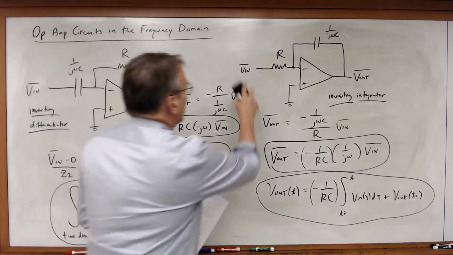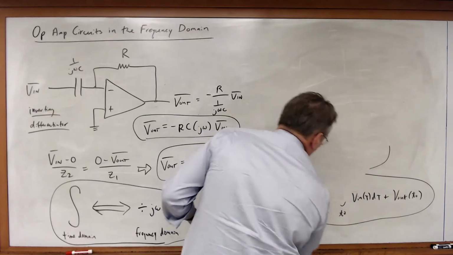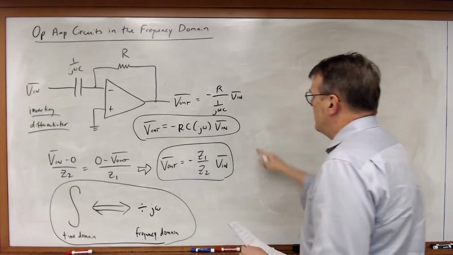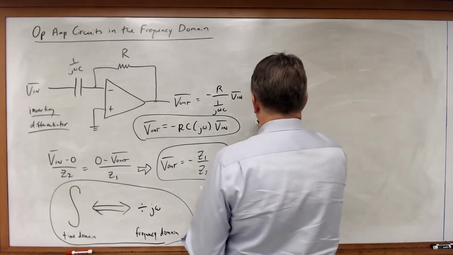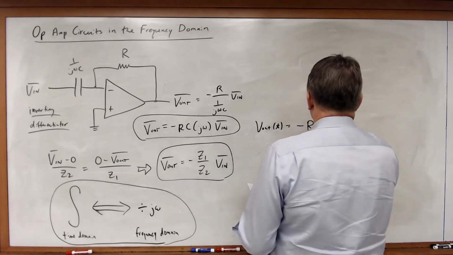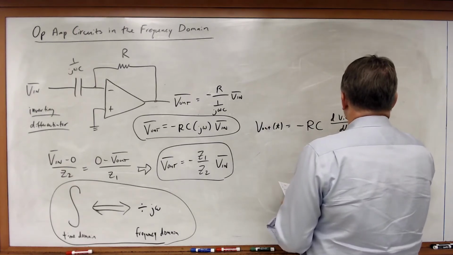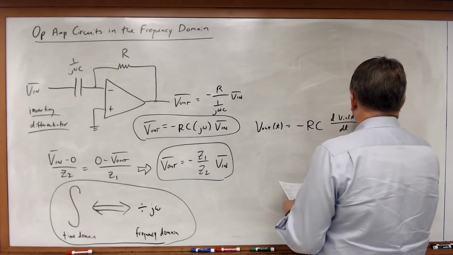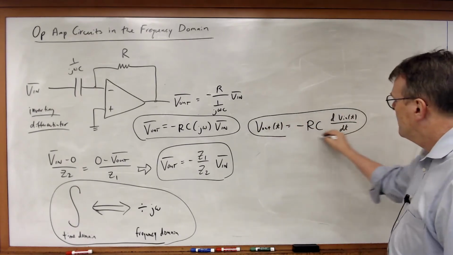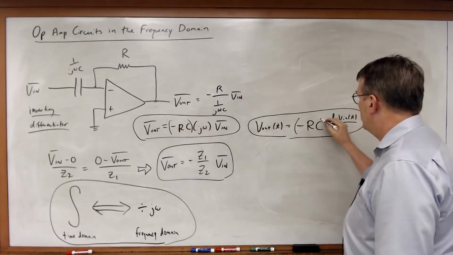So what do we see from here? If it's an inverting differentiator, that means that V out of t is equal to minus RC times dVn(t)/dt. Let's compare these two. I've got the same minus RC multiplier in both.